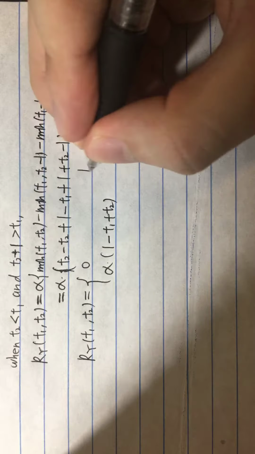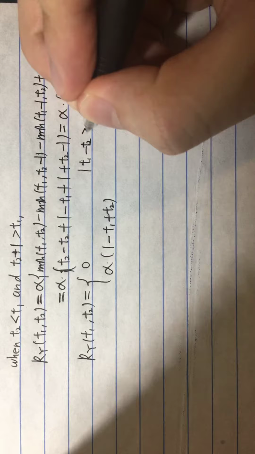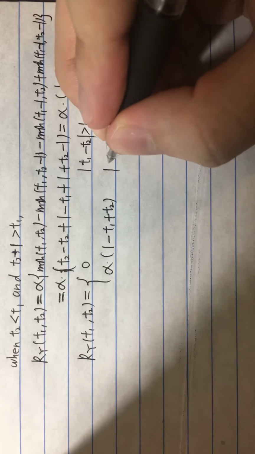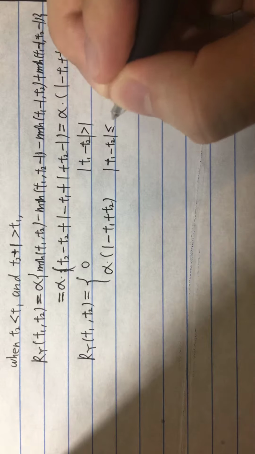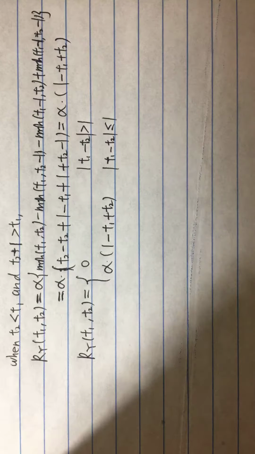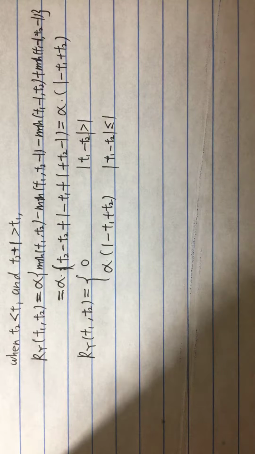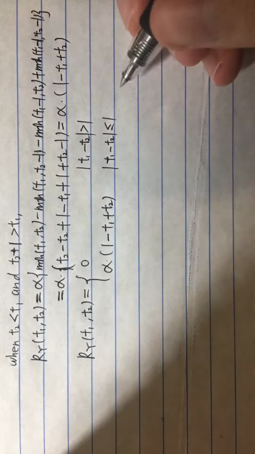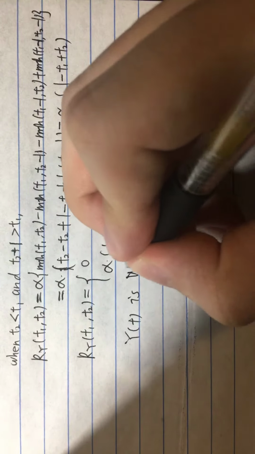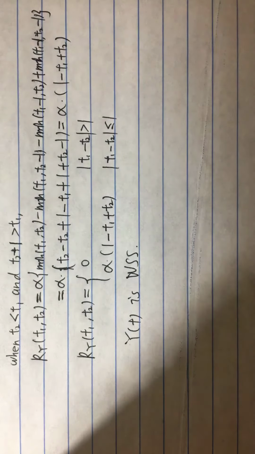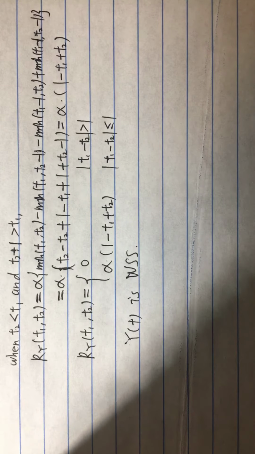So this is for the absolute value of t1 minus t2 less than 1. So from this we can see that Y_t is WSS. So this is the solution of problem number 1. Thank you so much.